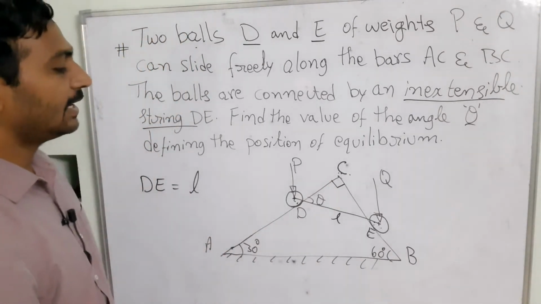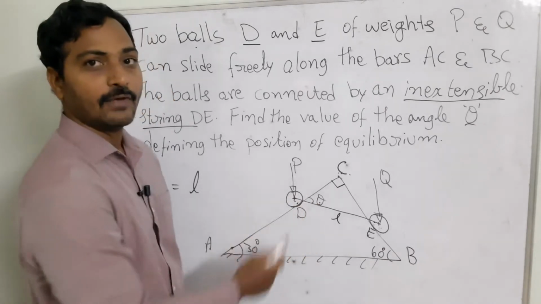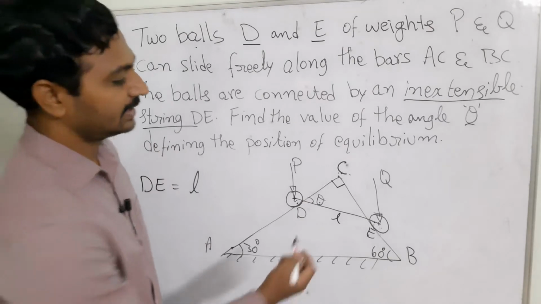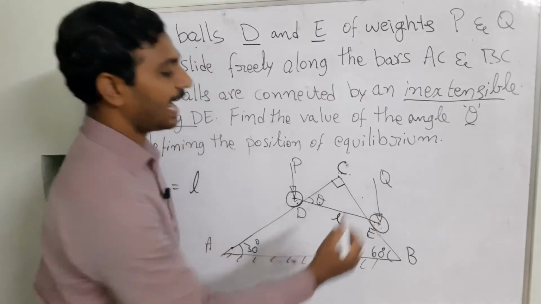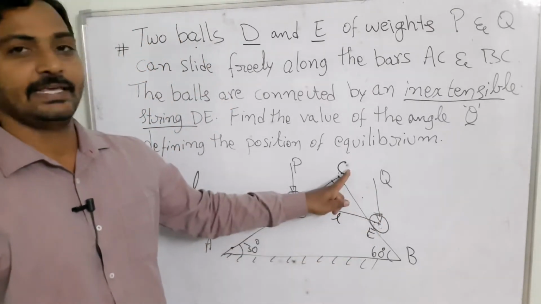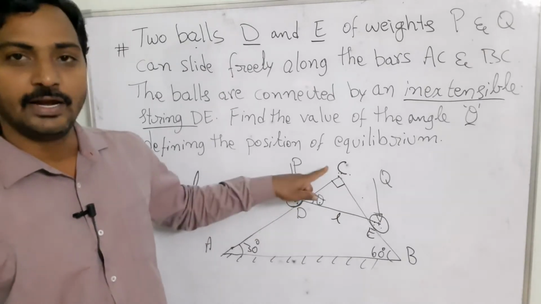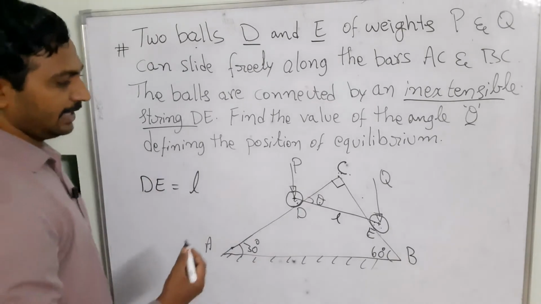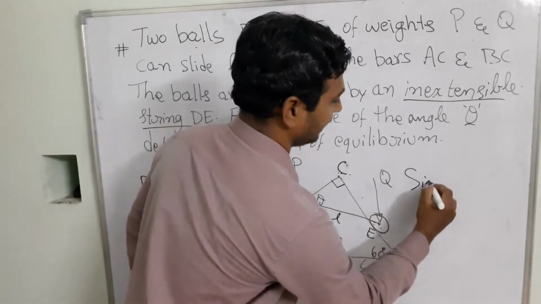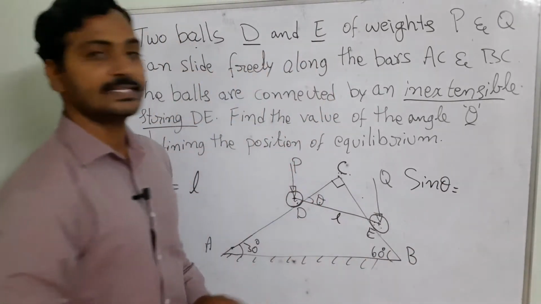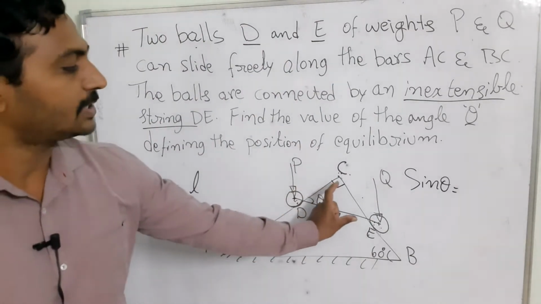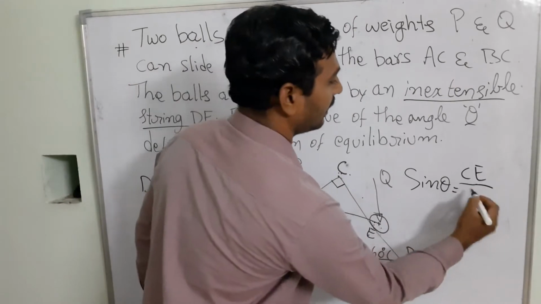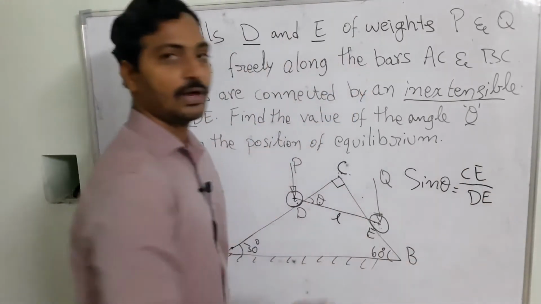How are we going to calculate that? This is theta, and this is the hypotenuse, suppose. The side opposite to theta is EC and the adjacent side is DC. If I take sine theta, sine theta is the opposite side CE divided by DE, the hypotenuse.